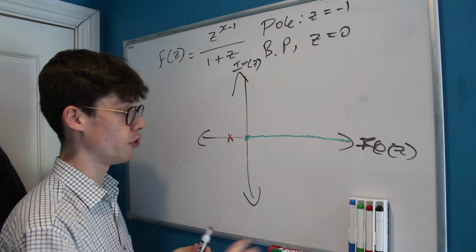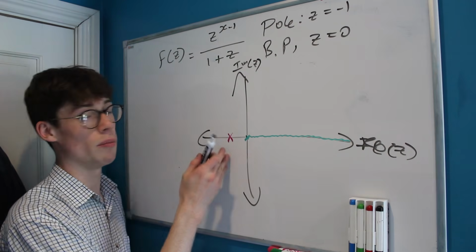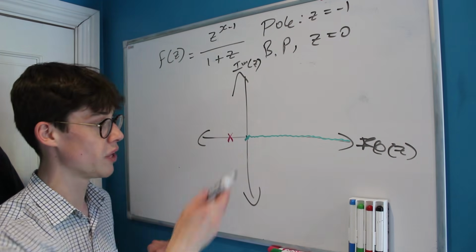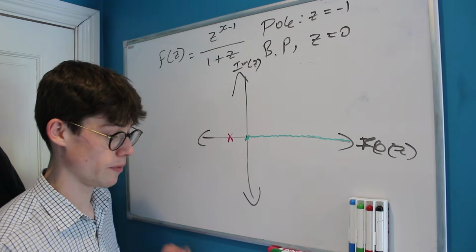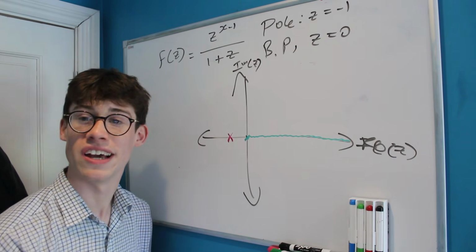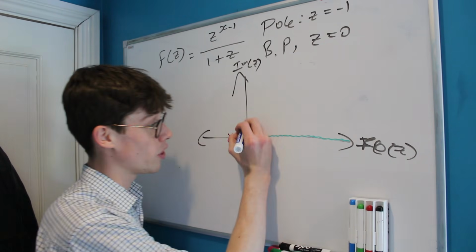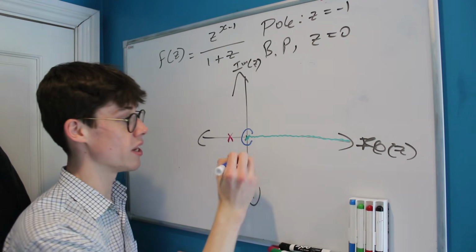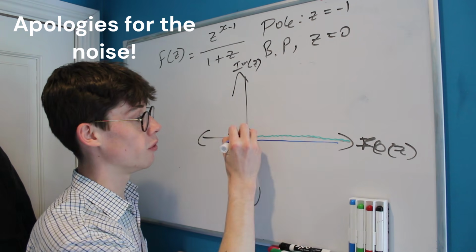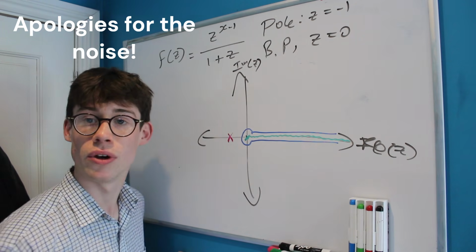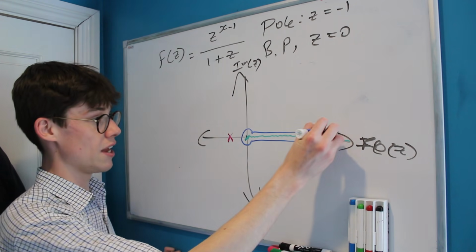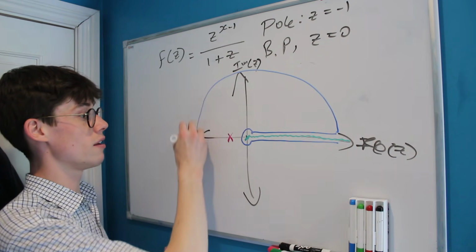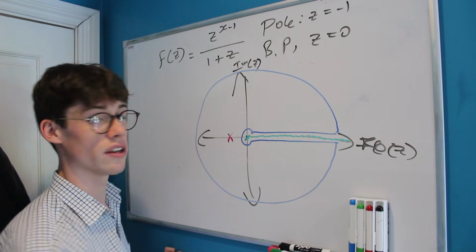And we've got to find a contour that's going to capture our pole, so we can use Cauchy's residue theorem, but that avoids our branch point and branch cut. And it seems that the perfect contour to do that is a keyhole contour. So we're going to travel around this branch point to avoid it, but along either side, we're going to go out to infinity, and then we're going to circle back round like so.